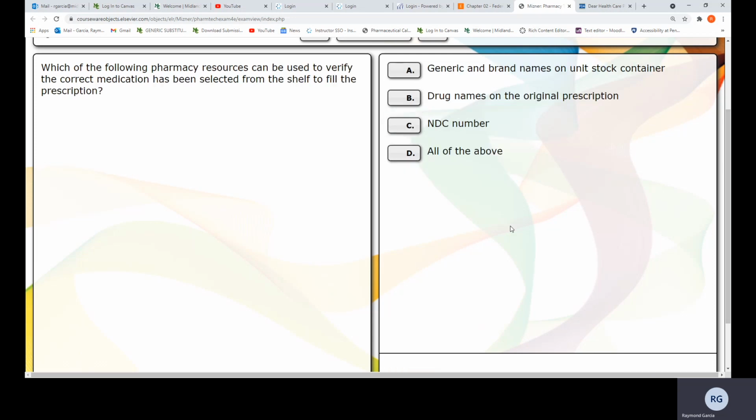Which of the following pharmacy resources can be used to verify the correct medication has been selected from the shelf to fill the prescription? Generic and brand names on unit stock containers? Drug names on the original prescription? NDC number? All of the above.